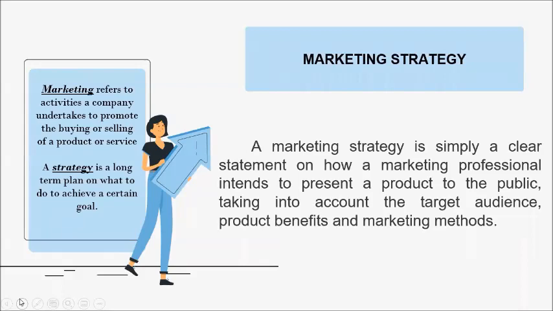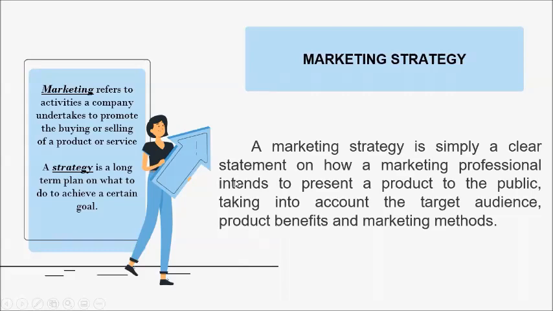When we say marketing, it refers to the activities a company undertakes to promote the buying or selling of a product or service. So this includes your advertising, the selling and delivering of your products to our customers or to other businesses. Some marketing is done by affiliates on behalf of a particular company.